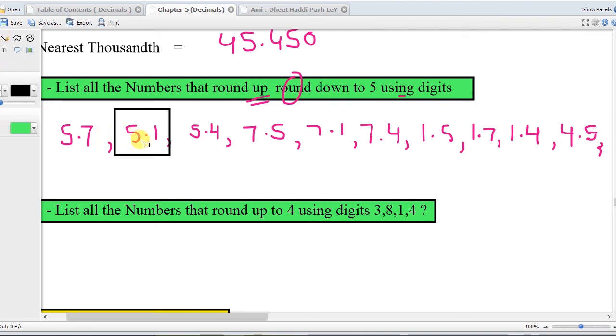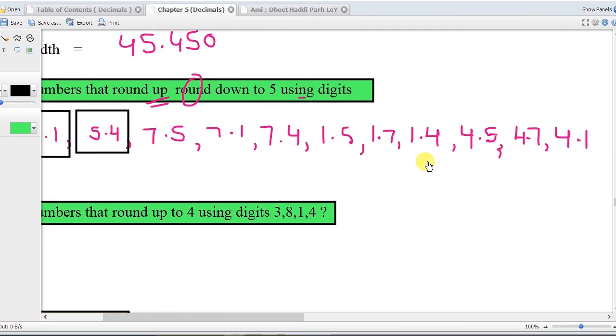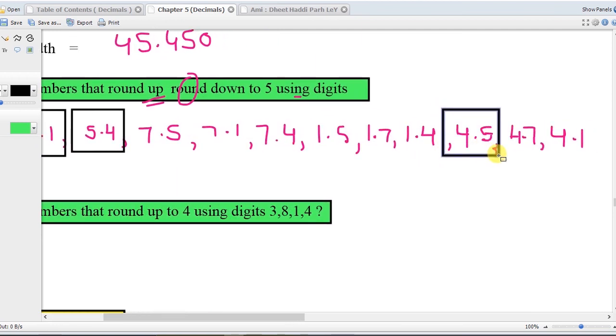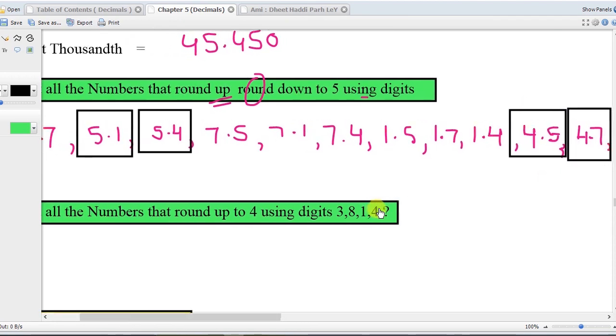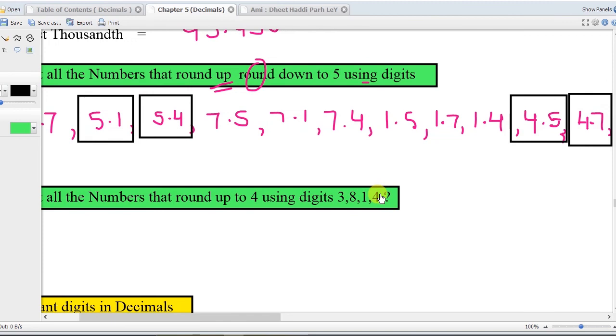So 5.1 is rounded down to 5. 5.4 is rounded down to 5. 5.7, if we round up, it will give you 6, right? Then 7.5 cannot be converted into 5. 7.1 no, 1.5 no, 1.4 no. Then 4.5 will round up to 5 and 4.7 rounds up to 5. So we are having 4 answers, right?